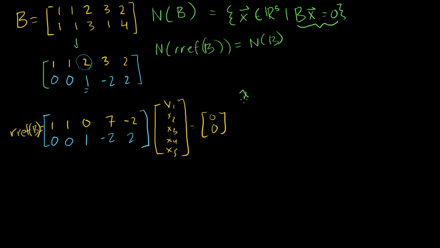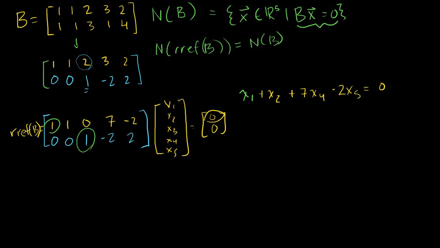I'm going to write my pivot variables in a green color. x1 plus 1 times x2, so plus x2, plus 0 times x3, plus 7 times x4, minus 2 times x5 is equal to that 0 right there.